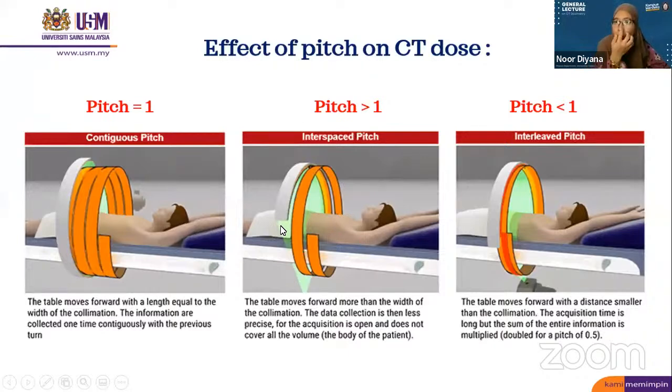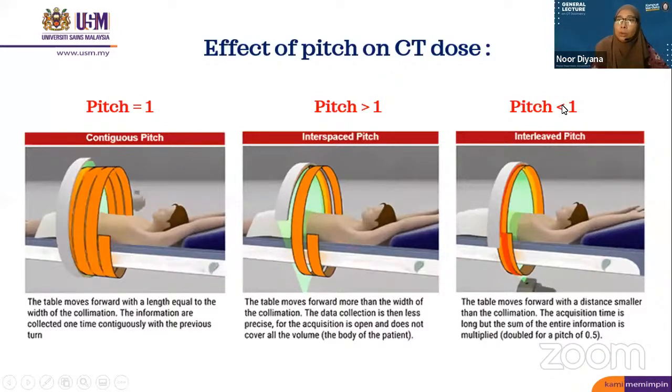But in terms of image quality, it reduces spatial resolution, because some parts are not covered and you don't get a signal or data from that part. So during image reconstruction, that region will be interpolated from the neighboring pixels or neighboring signals, so some signal will be lost.